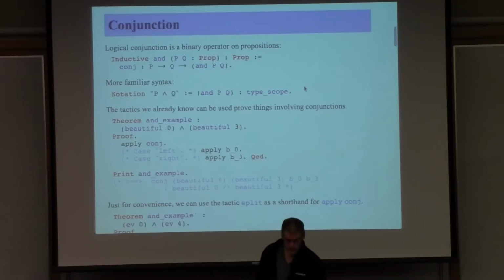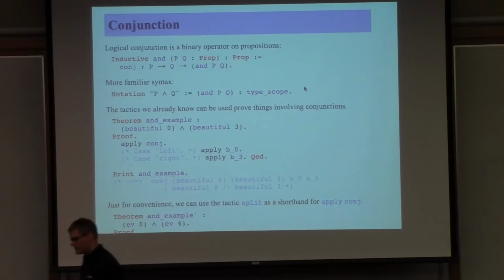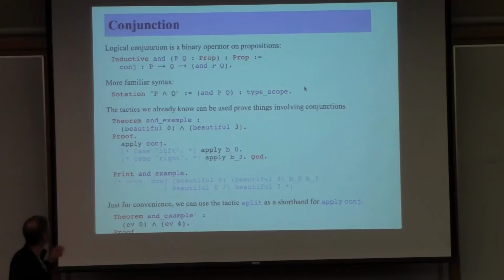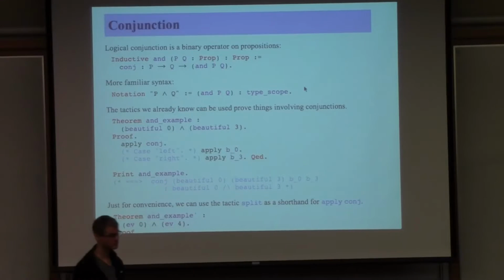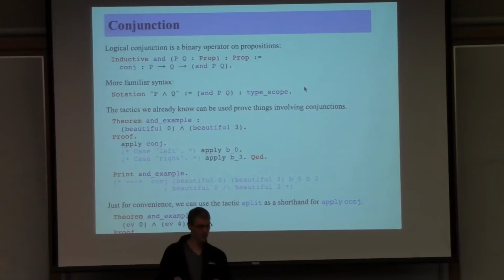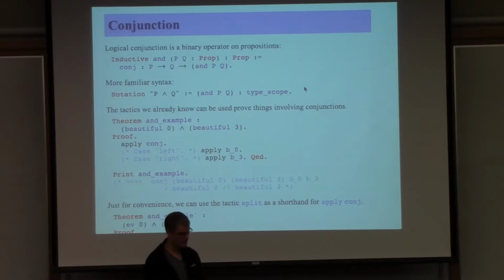Okay, so how could we define other connectives? Well, here's conjunction. It's pretty simple. Conjunction is an inductively defined type. So given P and Q, and P Q is a proposition with one constructor, conj, which takes evidence for P and evidence for Q and yields a data structure that counts as evidence for P and Q. And we can introduce familiar syntax in the usual way.